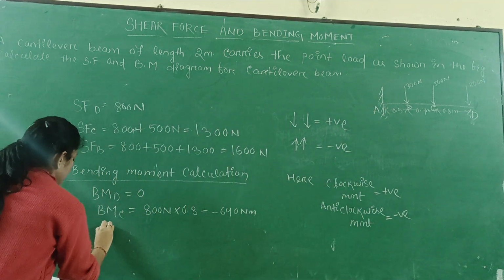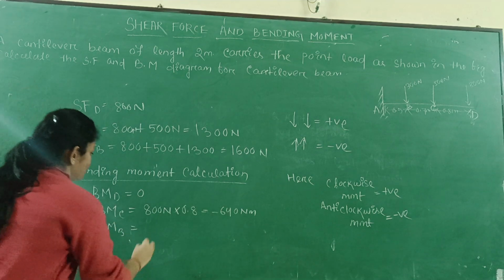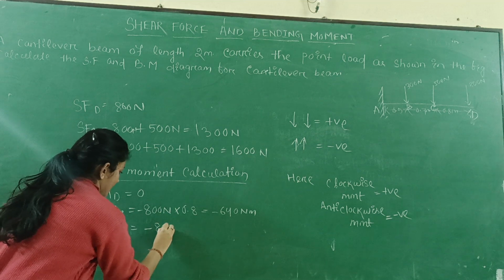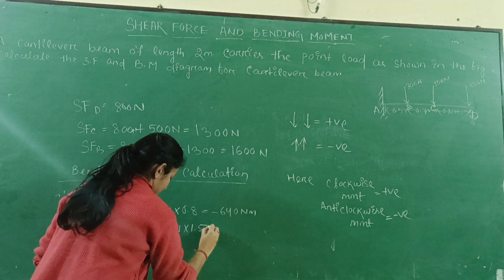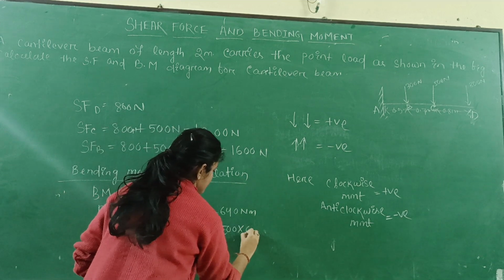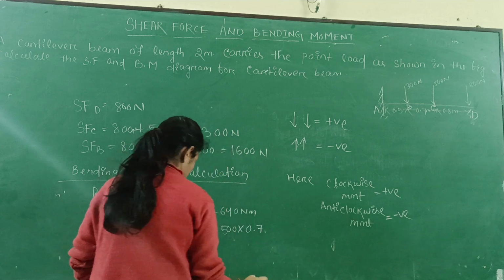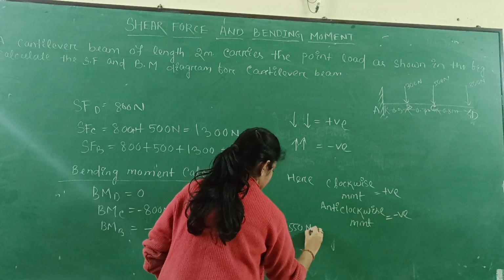Then we have to calculate bending moment at B. Bending moment at B is equal to minus 800 Newton into 1.5 and minus 500 into 0.7, that is minus 1550 Newton meter.